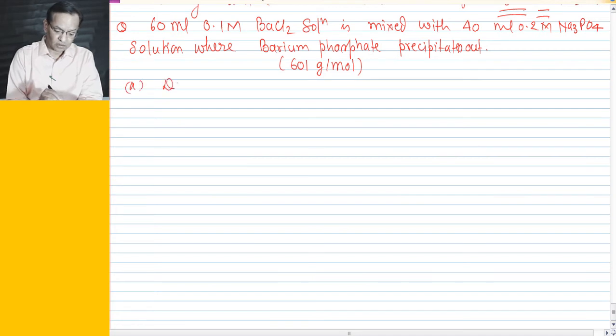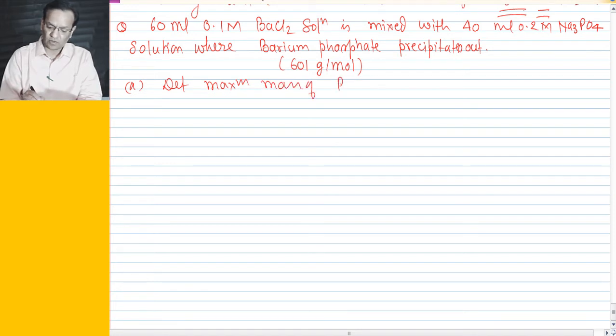Determine the maximum mass of barium phosphate formed.